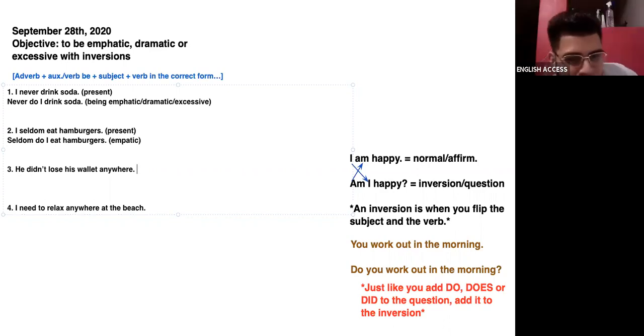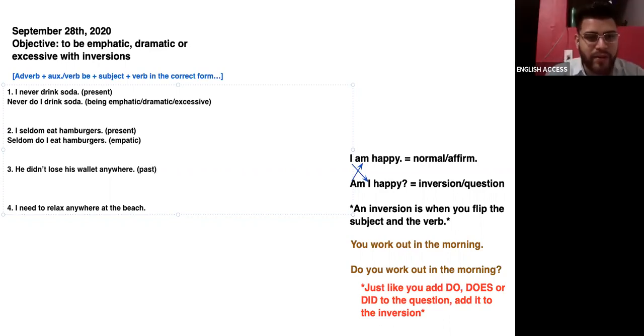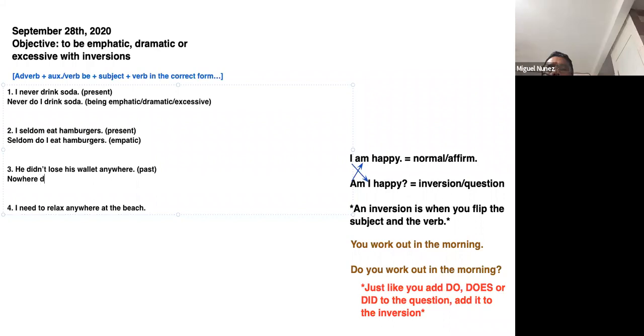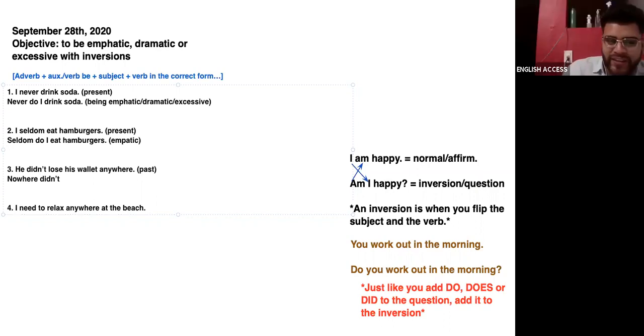He didn't lose his wallet anywhere. This is not the present. What is this, Carolina? Past. Okay, past. That's okay. Now look at this. Nowhere. What is the auxiliary? Didn't. Did. But is it correct to say nowhere didn't or nowhere did?